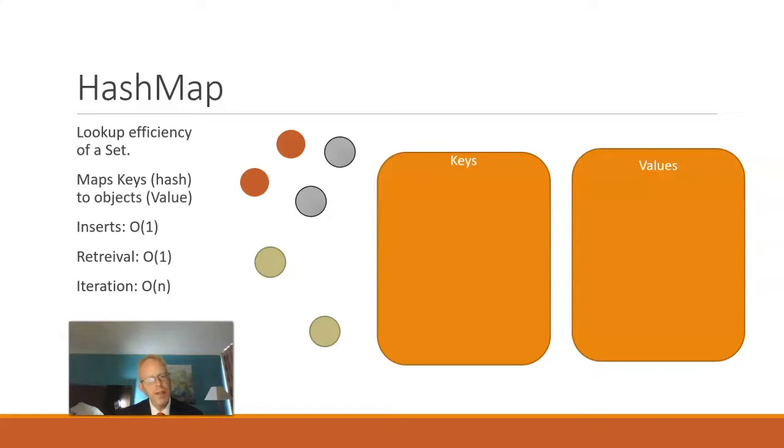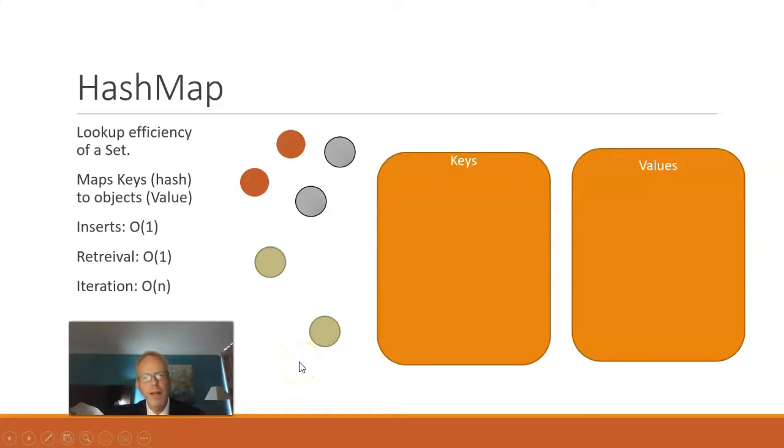The set is essentially a series of lookup keys that have to be unique. But then the values are mapped to those keys. Hash map: we're mapping keys to values, where the keys are computed by that hash code. So the keys have to be unique, but the values don't necessarily have to be unique.